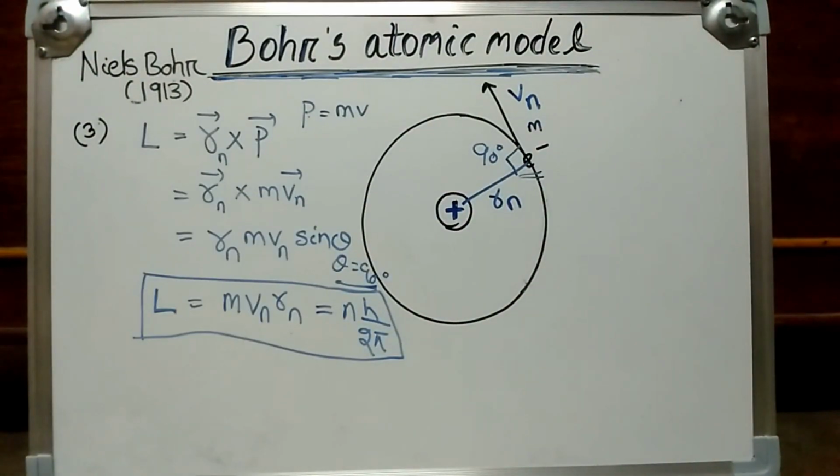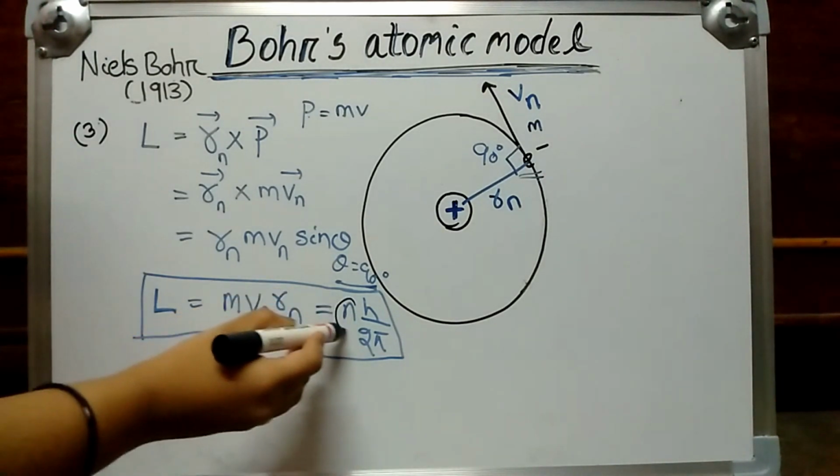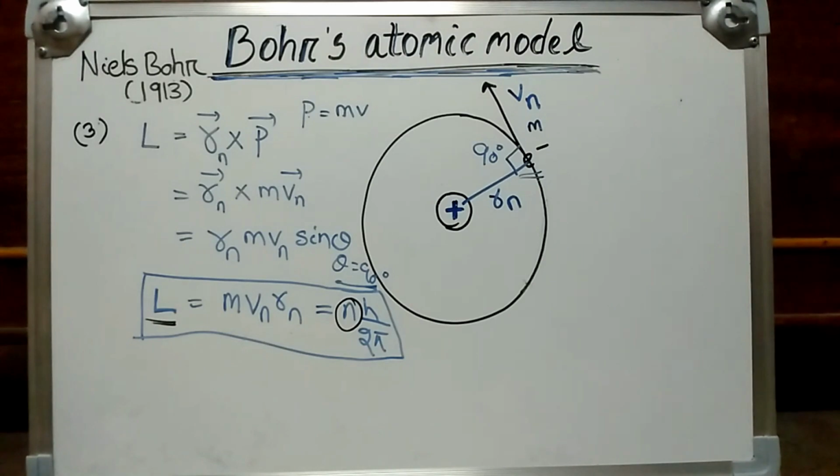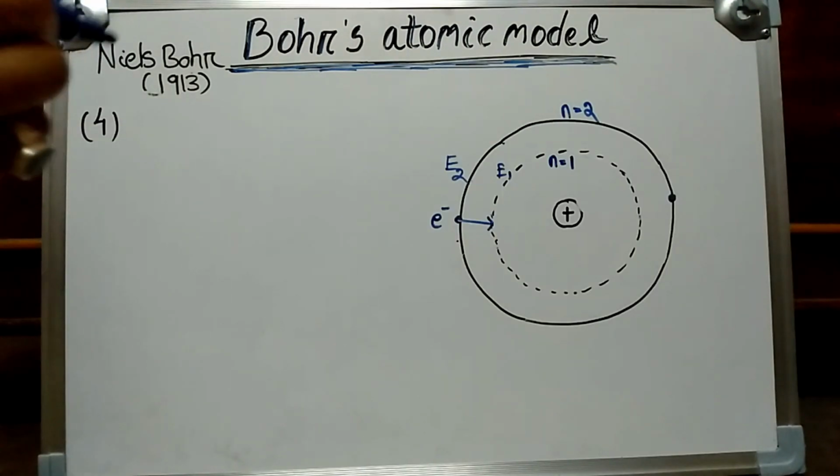This condition is called the quantum condition or quantized condition. Bohr himself was puzzled to give an answer about the quantized angular momentum of an electron. Ten years later, de Broglie proposed a concept that we will discuss later.